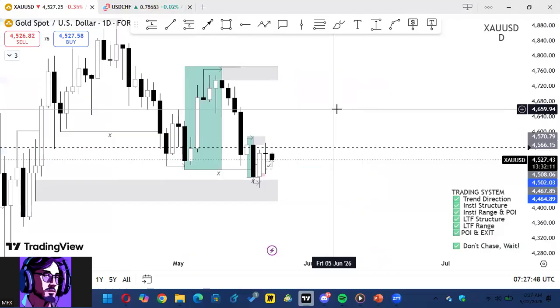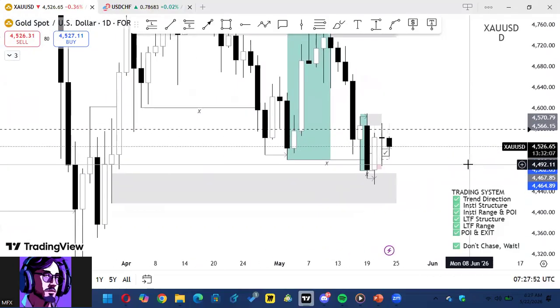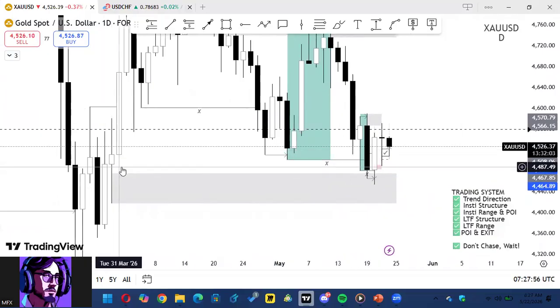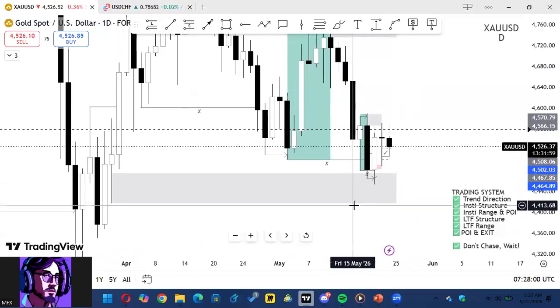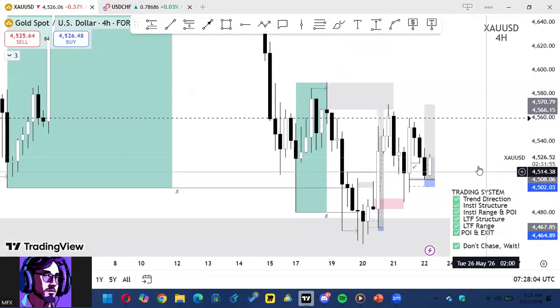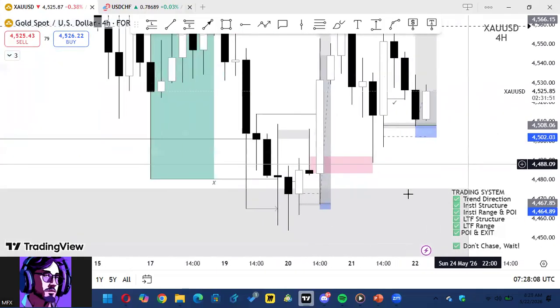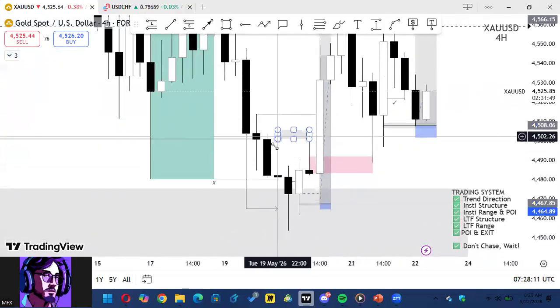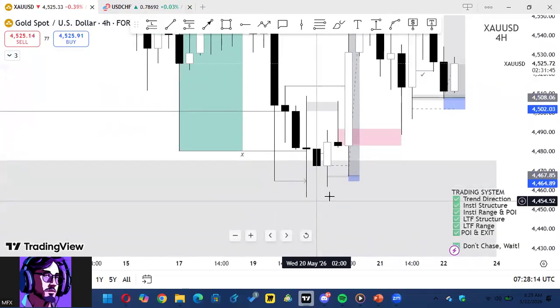This is how I identify my range. I'm just walking you through my system of approach. What caught my attention, I think on Tuesday, was after price mitigated this weekly POI that we identified earlier, on our 4-hour time frame we had liquidity grabs and absorption.